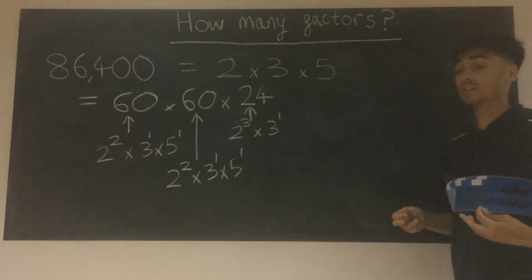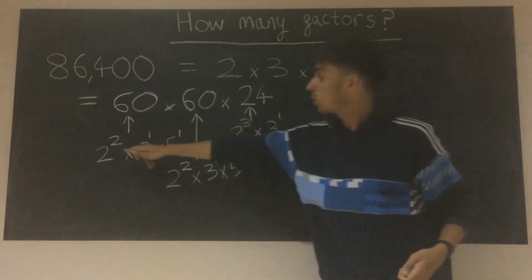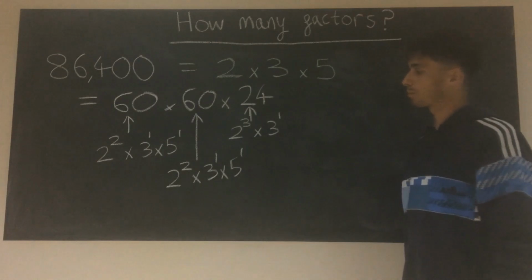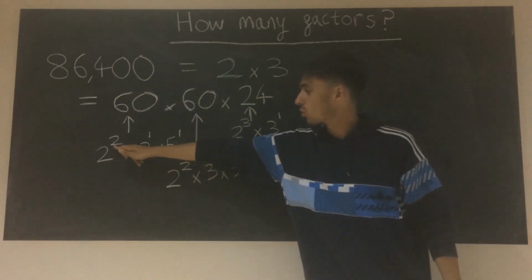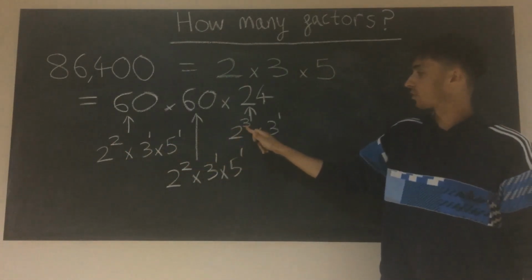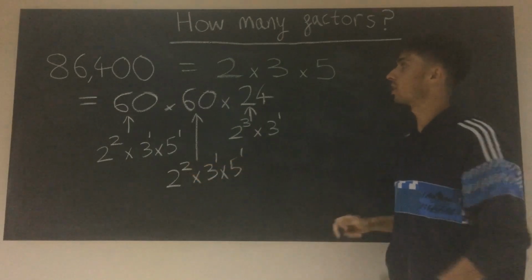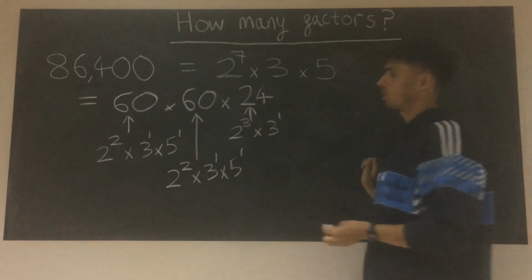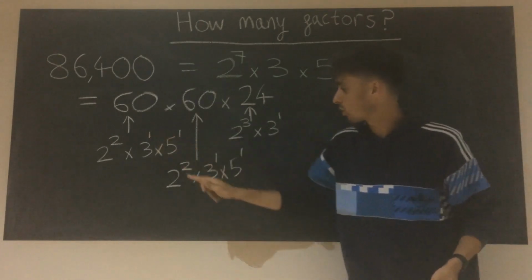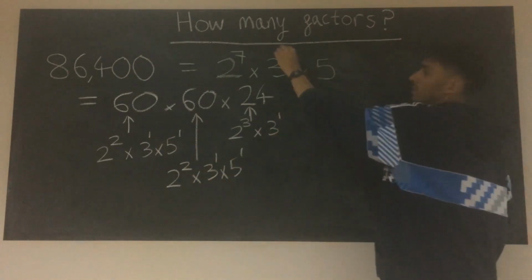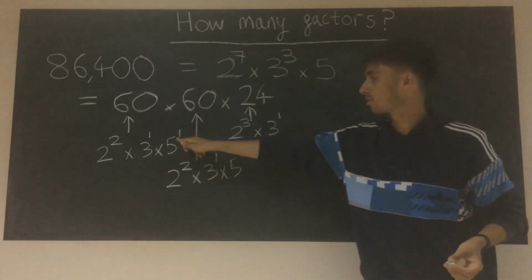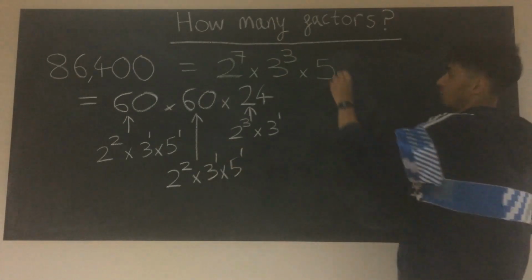Thinking about our index laws, if we multiply numbers together, we need to add their powers. So my powers of 2, I've got 2, add 3 to get 5, add another 2 to get 7. My powers of 3, I've got 1, 1 and 1 to get 3 in total. And my powers of 5, I've just got 1 and 1 to get 2.